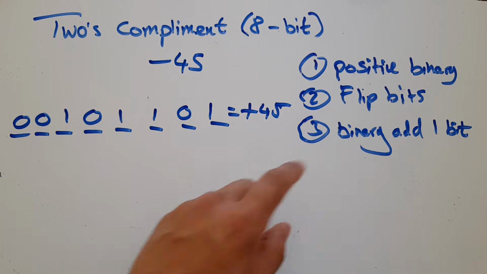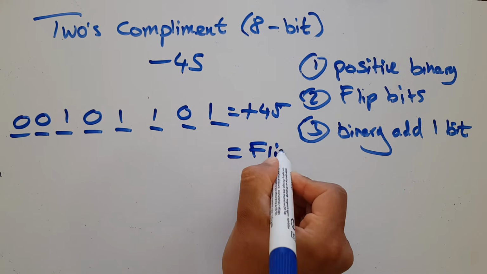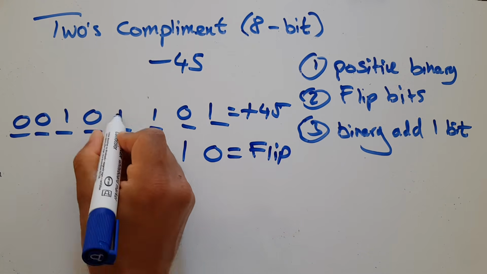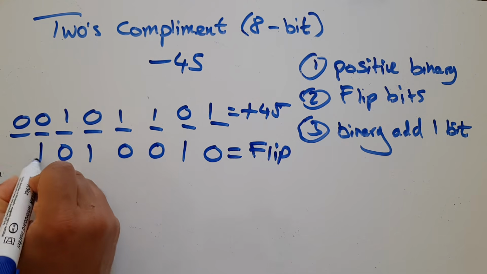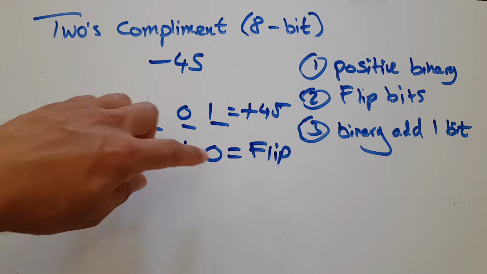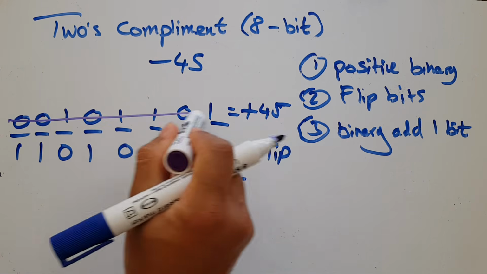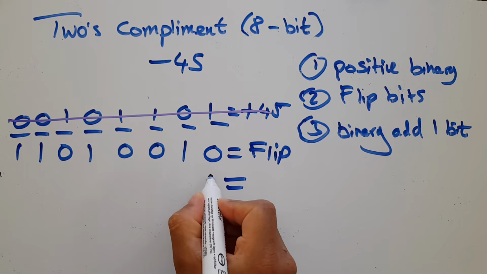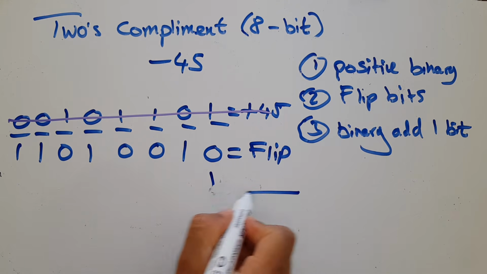And I need to flip the bits. Okay, flip. So that 1 becomes a 0, that's a 1, that's a 0, that's a 0, that's a 1, 0, 1, 1. So I flipped all the bits. And then the final step is the binary addition, so I don't need that anymore. So add the 1 there, draw the line.